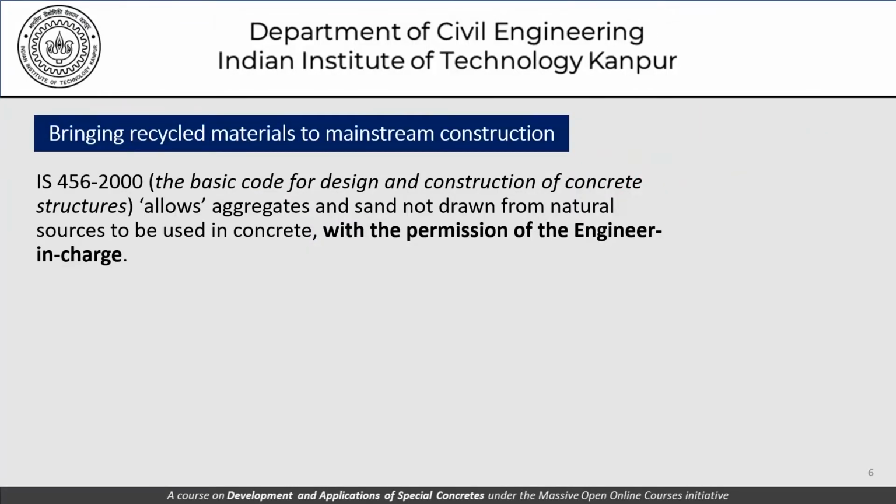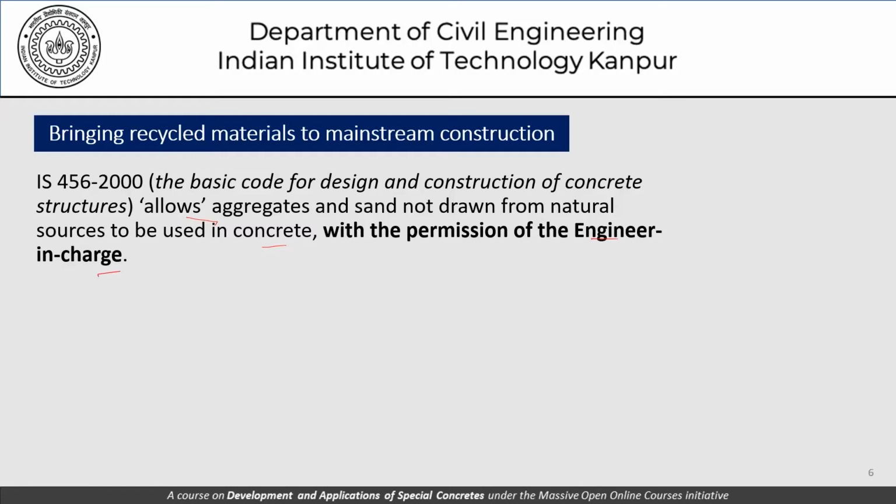Bringing recycled materials to the mainstream construction, that's something which we really need to think about. IS 456-2000, for example, which is the basic code for design and construction of concrete structures, allows us to use aggregates and sand not drawn from natural sources, but that is with the permission of the engineer in charge.